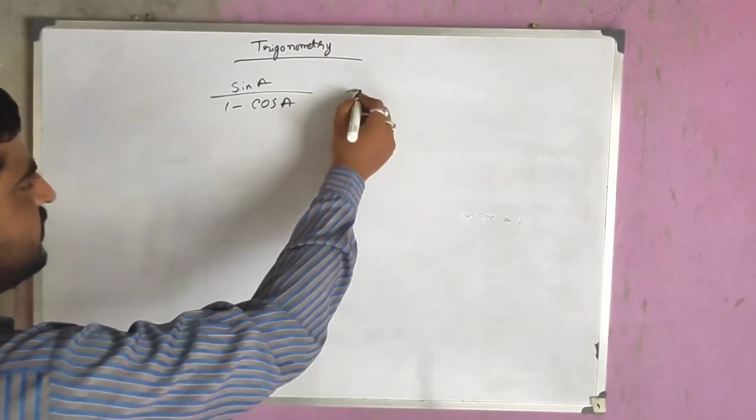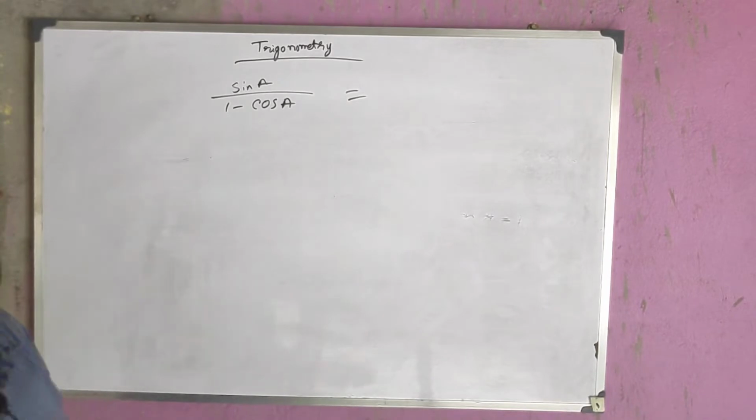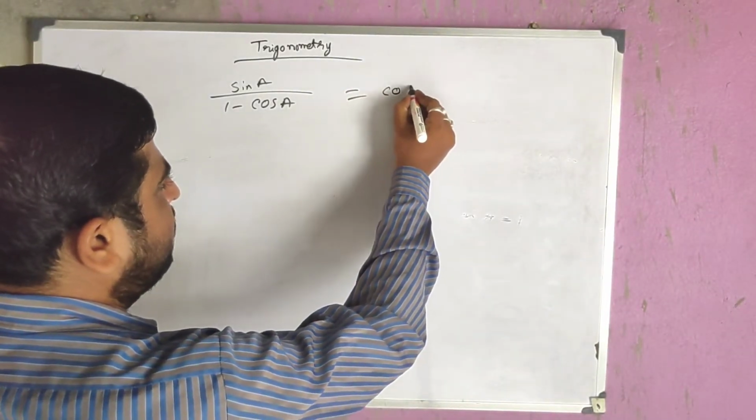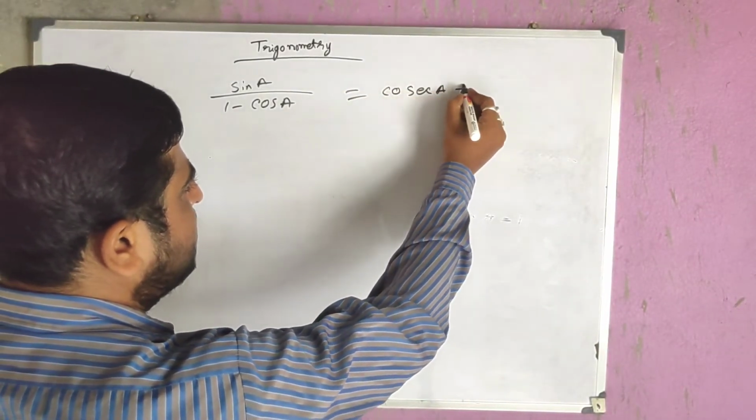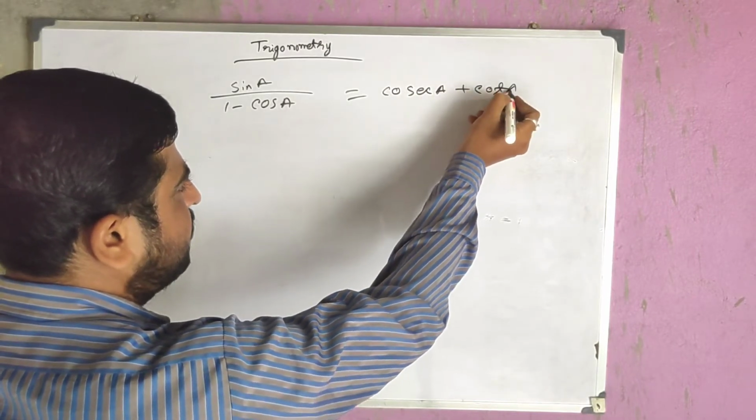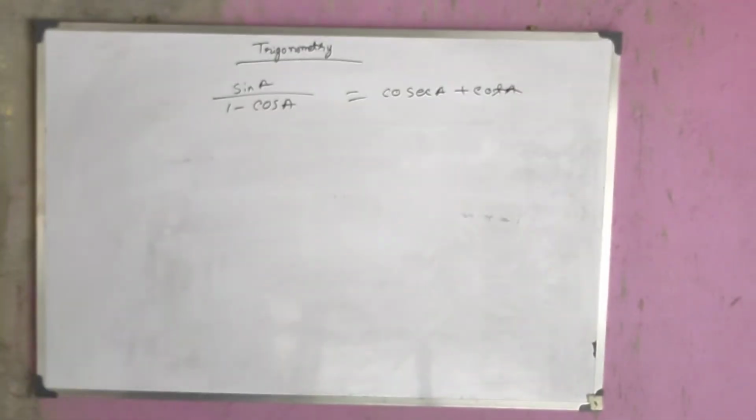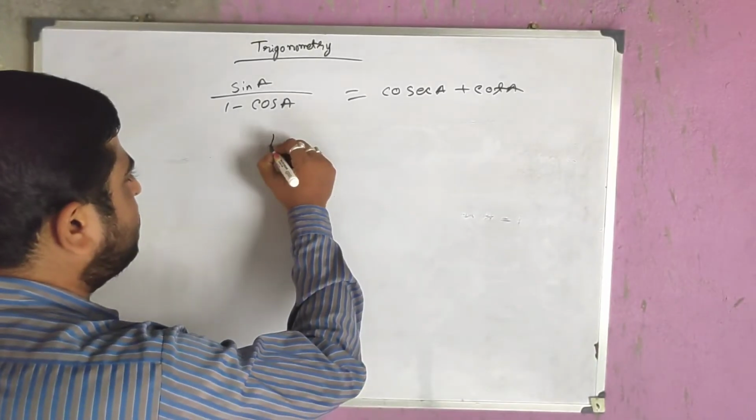Sin A by (1 minus cos A) equals cosec A plus cot A. Here you can make a note.